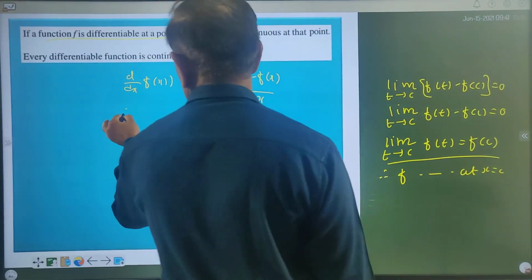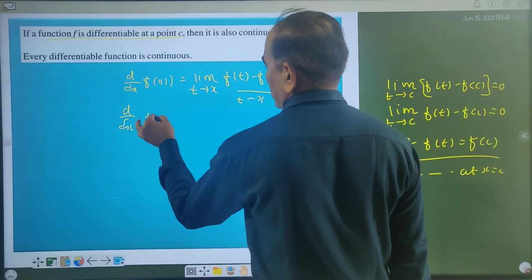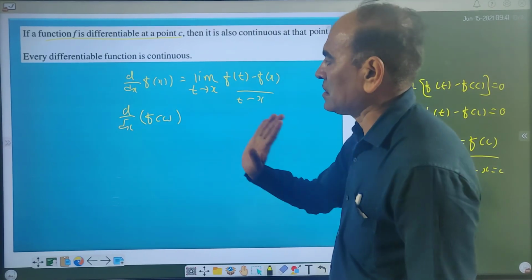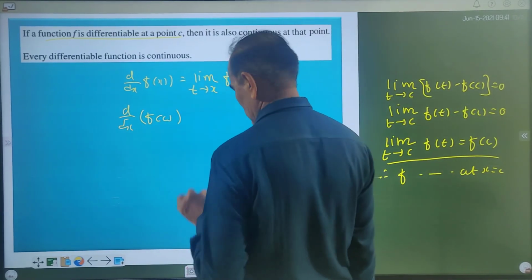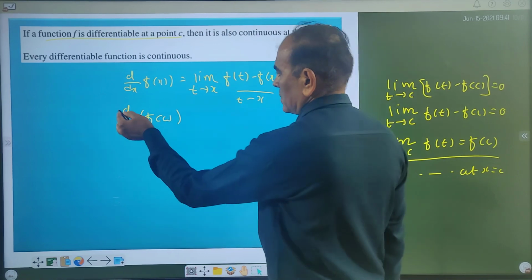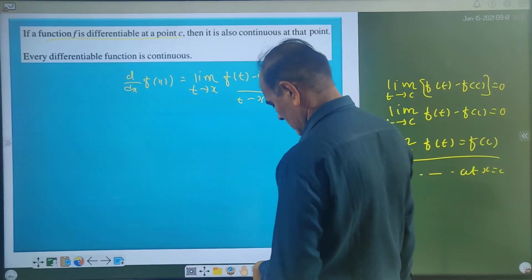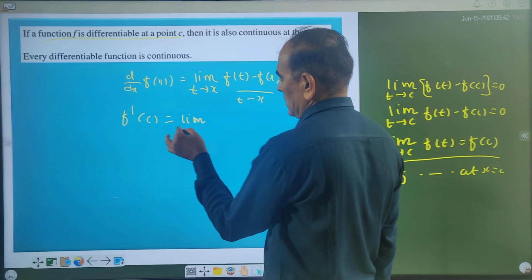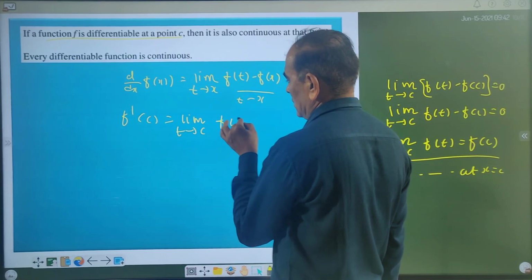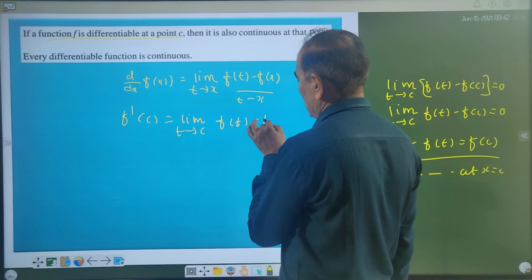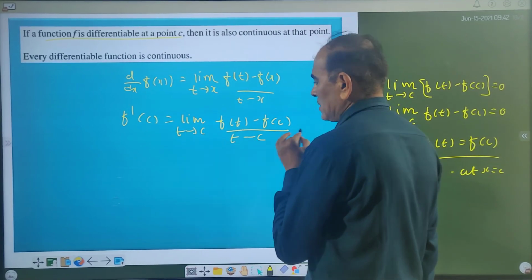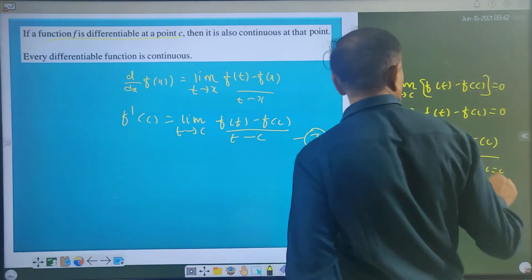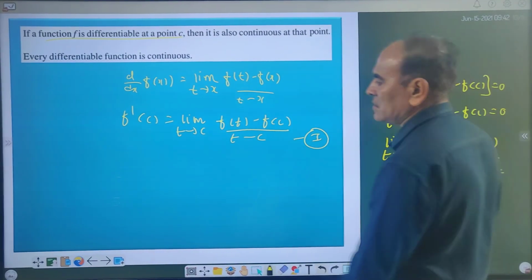But at point c, derivative f dash c is equal to limit t tends to c, f of t minus f of c over t minus c. Call it result number 1. Now we want to show that this limit is 0. So start with this limit.